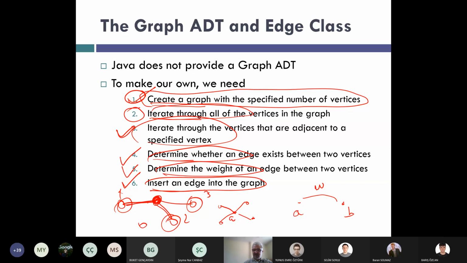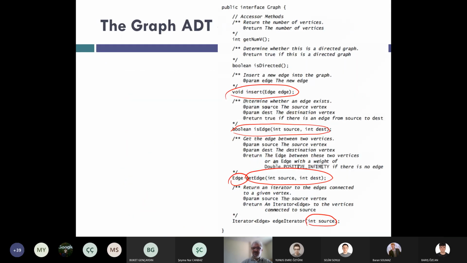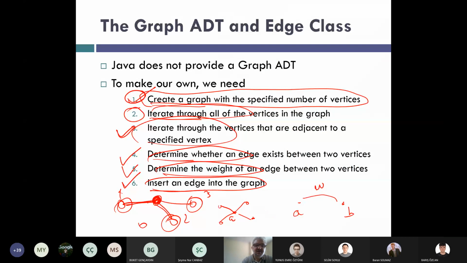There are 2 extra methods, isDirected and getNumV, but these are 2 getters defined for the graph to check whether the graph is directed or not, and to get the number of vertices in the graph. For these 2 operations, the first one is the constructor, so it is not defined in the interface.